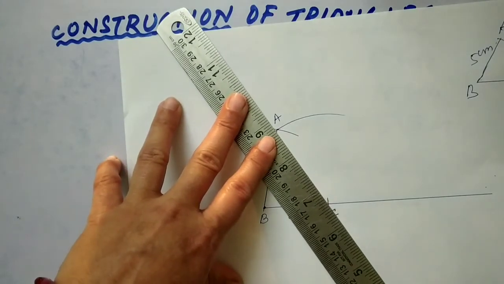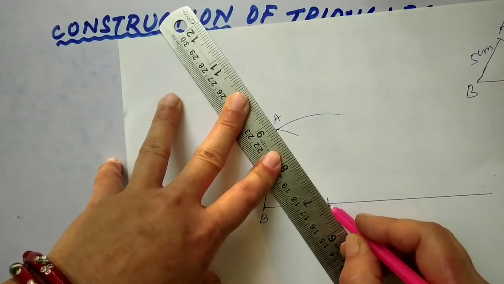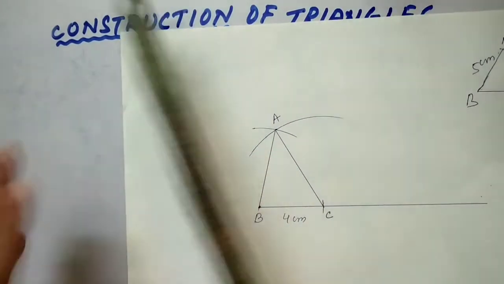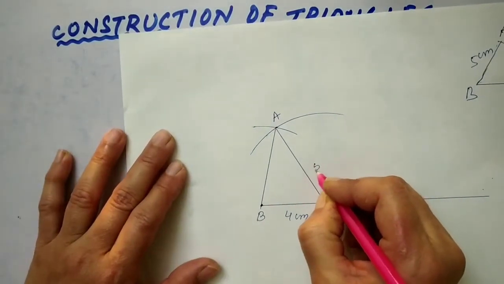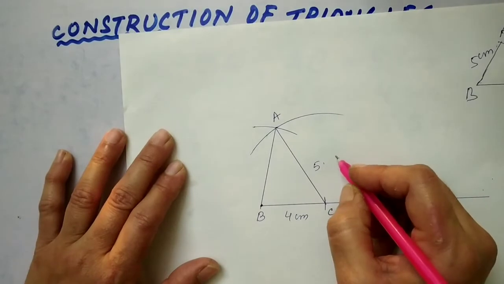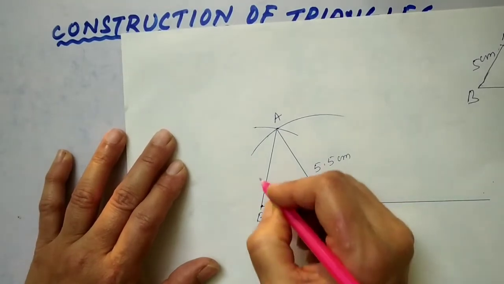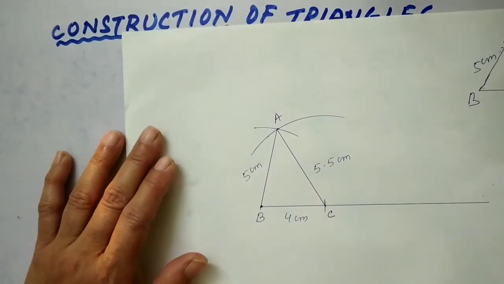A and C you join. Now ABC is the required triangle whose AB equal to 5 centimeter, AC equal to 5.5 centimeter and BC equal to 4 centimeter.